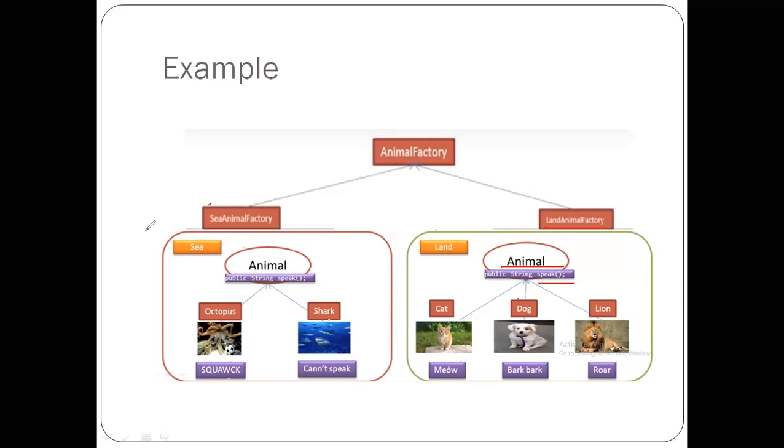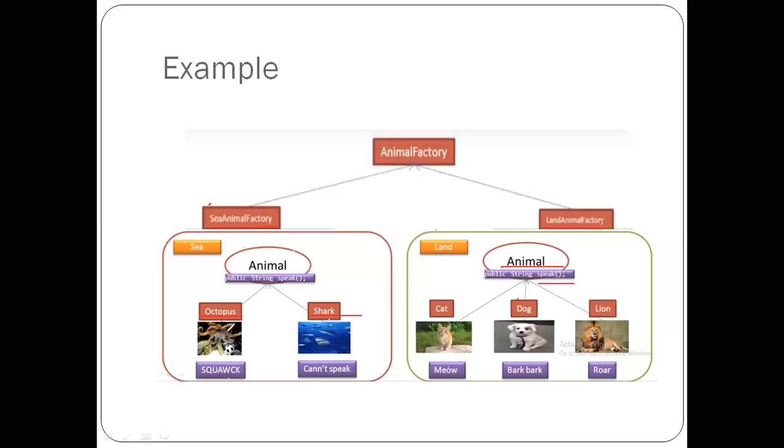Okay, coming to the second part, this particular part is about the sea animal factory. This is the land animal factory, and this is the sea animal factory. So which animals are living in the sea? Here we have defined two animals. One is octopus and the second one is a shark. These two animals live in the sea, right?